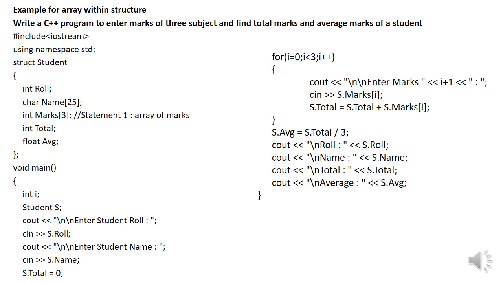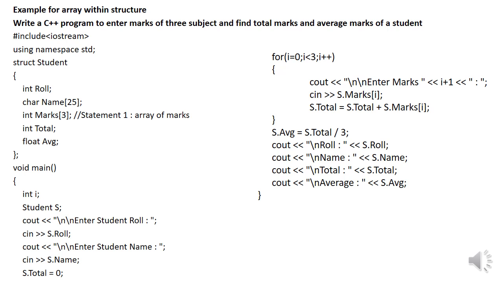This is an example of array within a structure or structure containing arrays. This is a program for finding the total marks and average mark of a student for 3 subjects. Here I have declared a structure student by using the keyword struct.